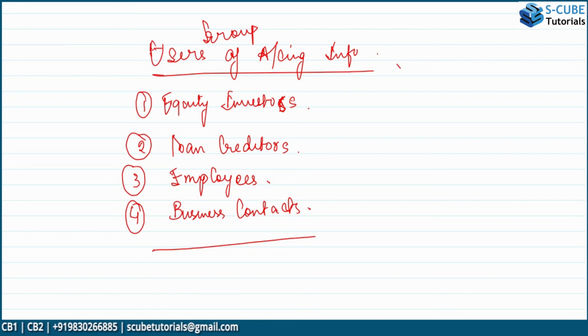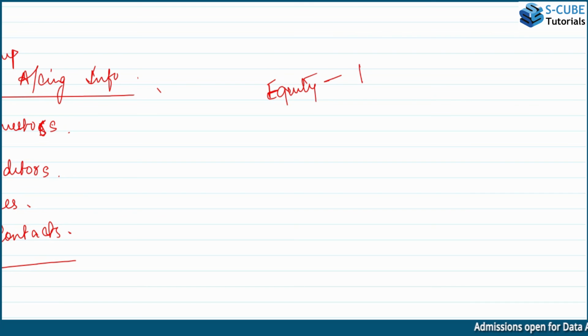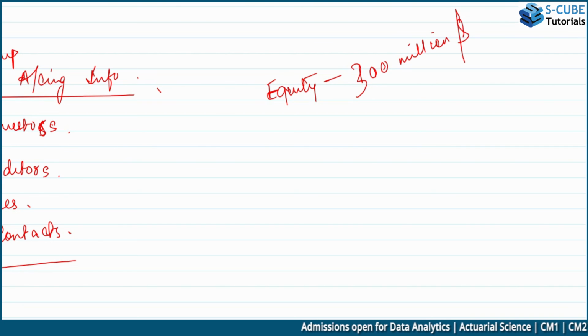So I am giving you an example. Let's say a company has equity capital of 300 million, and they have a loan from external agencies or banks of another 300 million.